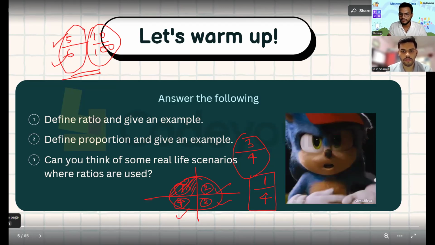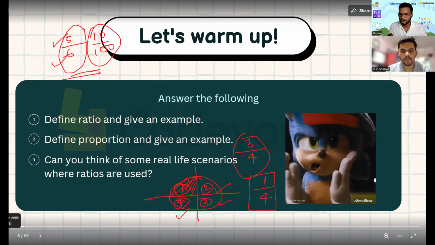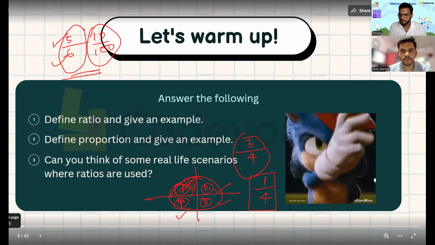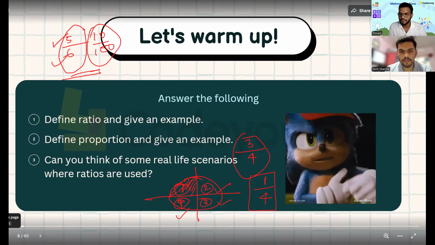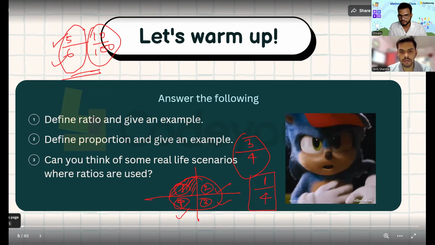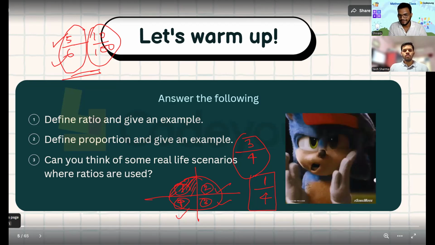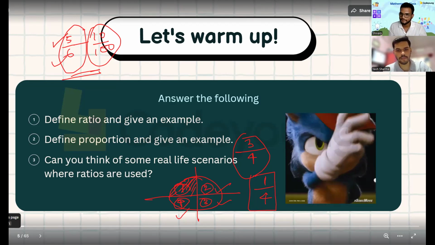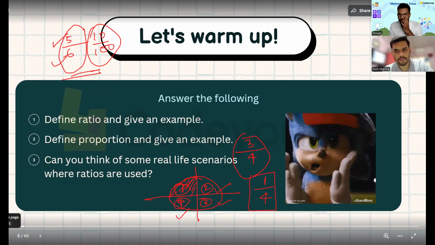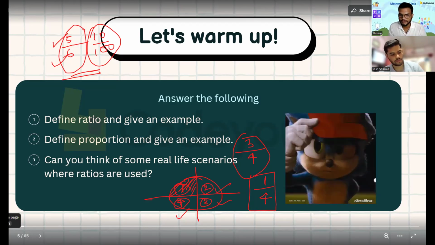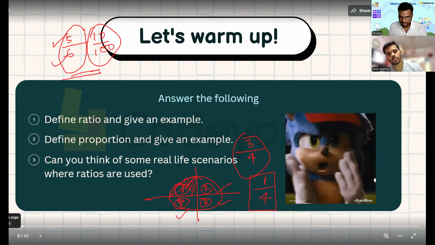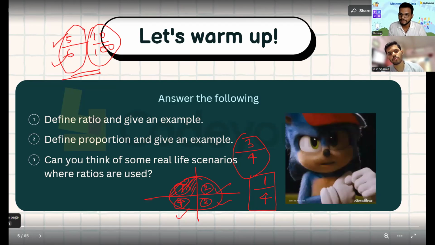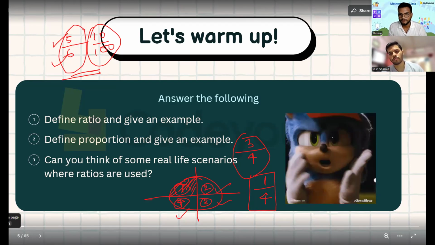So out of 4, I have eaten one, so 1/4 of the pizza you have eaten, and 3 by 4th is left. Got it? Yes, definitely. So if you want to tell your brother, your sister, your mom, what amount of pizza you have eaten, you can tell them in the form of a ratio.